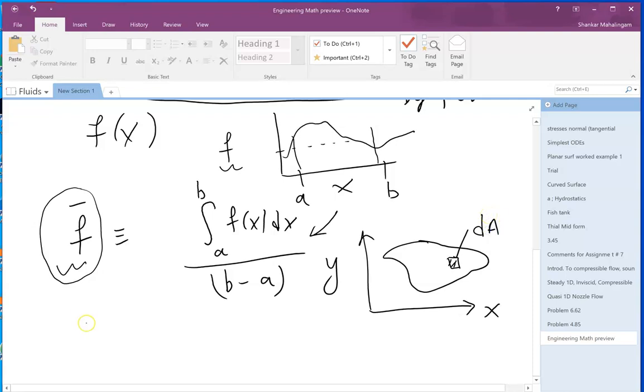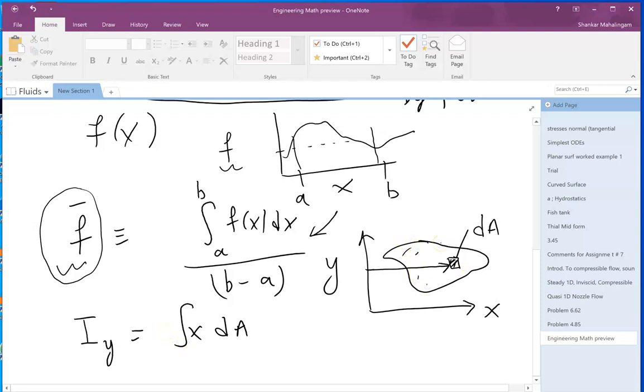So I can define what's called the moment of this area with respect to the y-axis. I take this area dA and I find its distance from the y-axis, which would be this distance right here, and multiply that by dA, and then integrate this over the entire two-dimensional area.